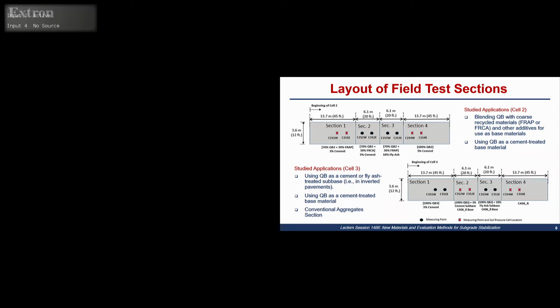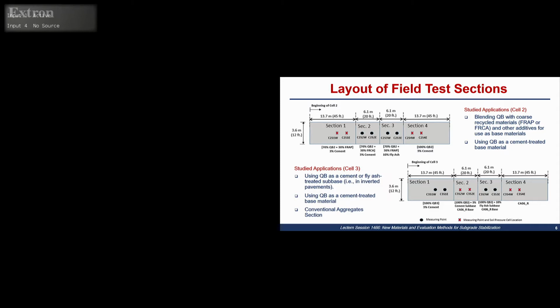Similarly, section 2 is 70% quarry byproduct, but instead of RAP, it's fractionated recycled concrete aggregate, and 3% cement. Cell 2, section 3 is also 70% QB, 30% RAP, but now with 10% fly ash. So we're varying the material from RAP to RCA to study the effect of the coarse aggregate type, and then varying the stabilizer from cement to fly ash to study the effect of the stabilizer.